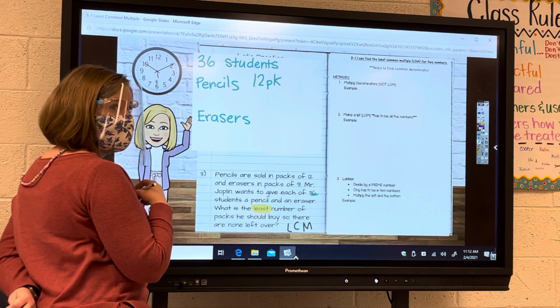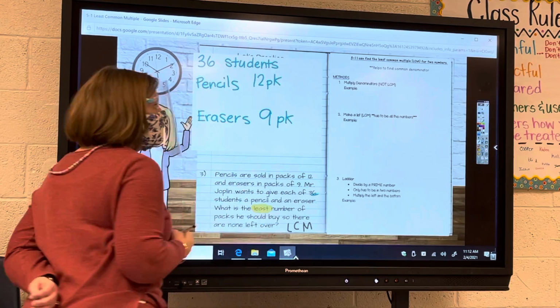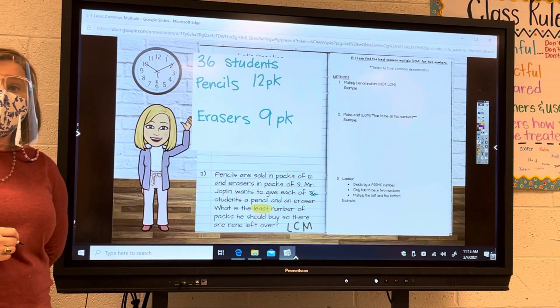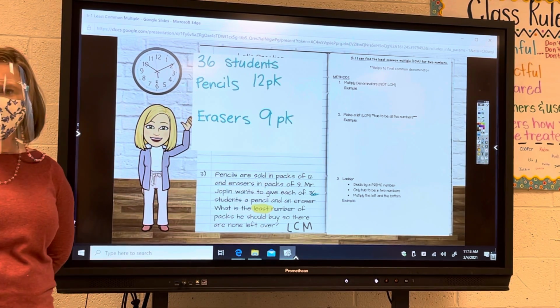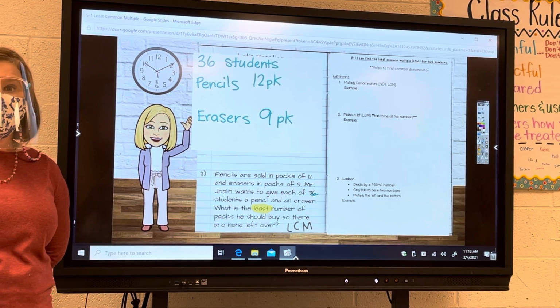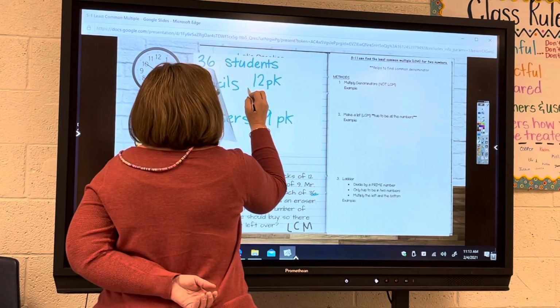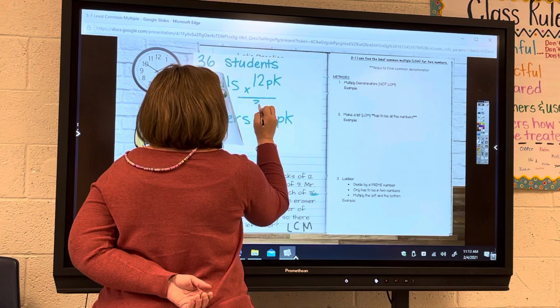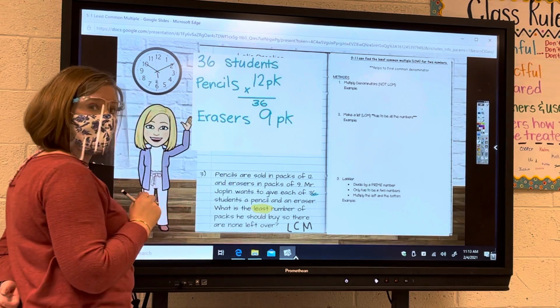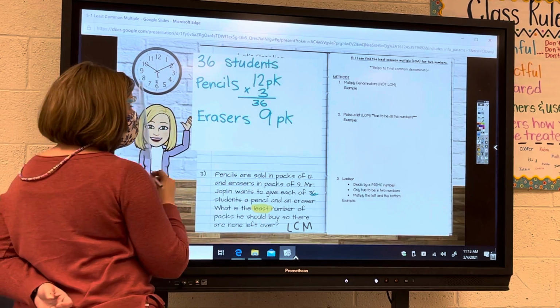Erasers are what? 9 per pack, okay? Now, how many students does he have? 36. Is 36 a multiple of 12? Yes. So, 12 times what gives me 36? 3. So, how many packs of pencils does he need? 3.